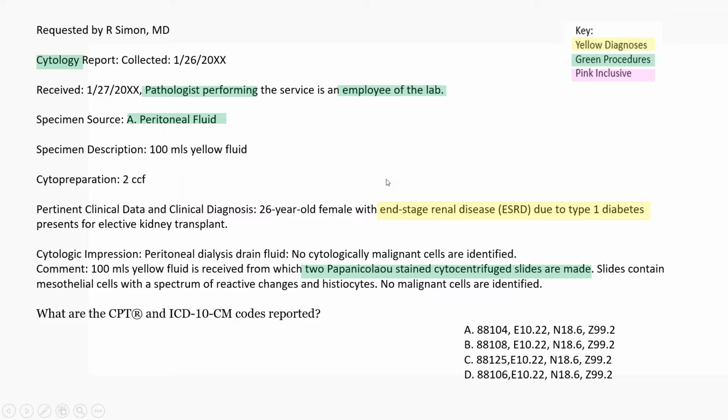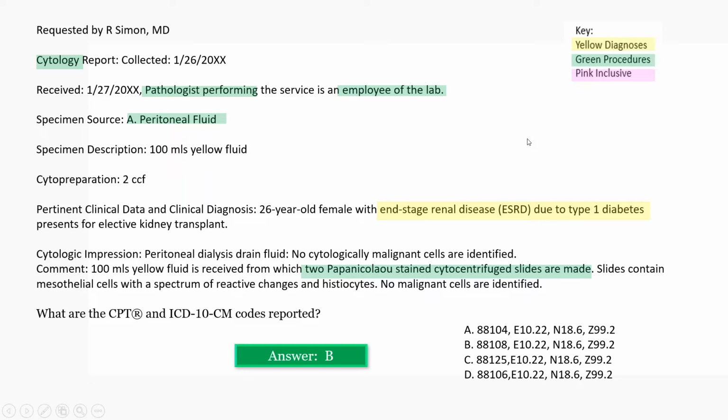Papanicolaou stained centrifuge slides were made. So centrifugation was the technique which was used.